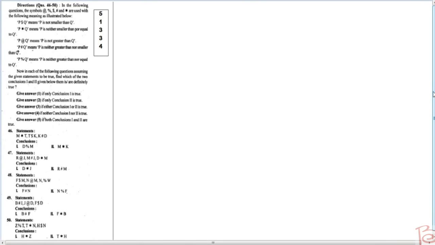Hello friends, today we are going to see coded inequalities, and it is a very important topic in PO level. Usually in clerical level you will get a straightforward inequality question and it is easy to solve, but in PO level you will get this one, that is coded inequalities.